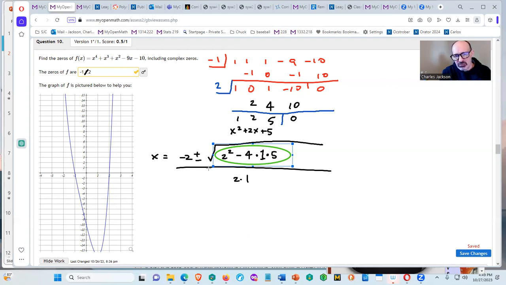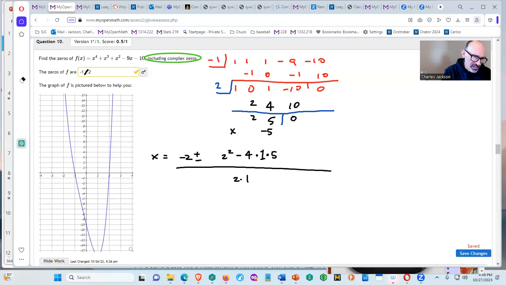It helps us discriminate between different kinds of quadratic equations. We can tell from that these are not going to be real zeros. They're going to be non-real complex zeros, which is kind of what they're hinting is on its way when they say including complex zeros. So we'll just grind through this quadratic formula to get these 2 non-real complex zeros.